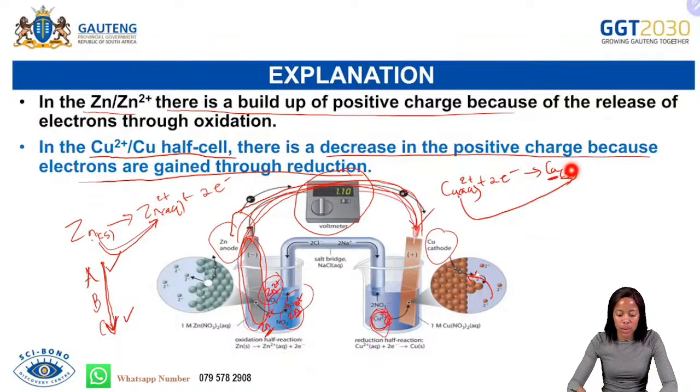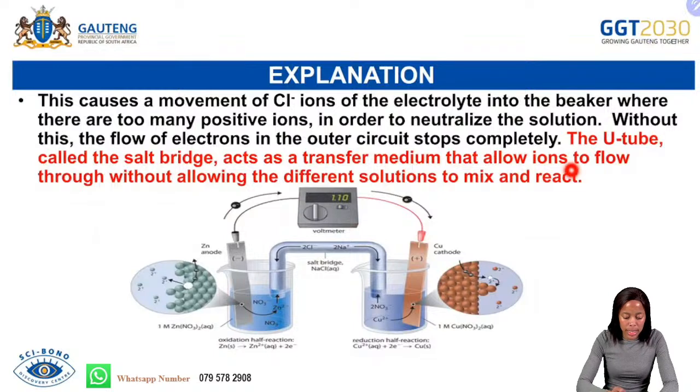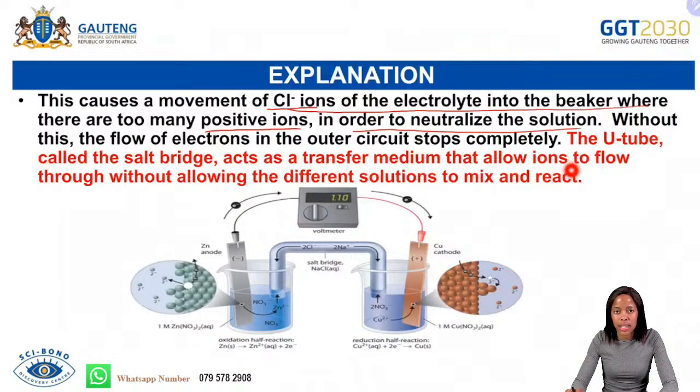A small number of Cu2+ in the cathode compartment then. It says then this causes a movement of chloride ions of the electrolyte into the beaker, where there are too many positive ions, that is in order to neutralize the solution. Then it says without this, the flow of electrons in the outer circuit is going to stop completely.